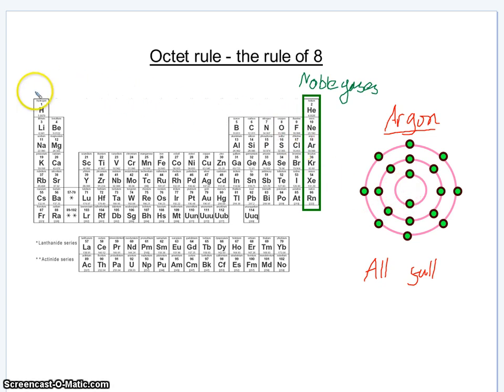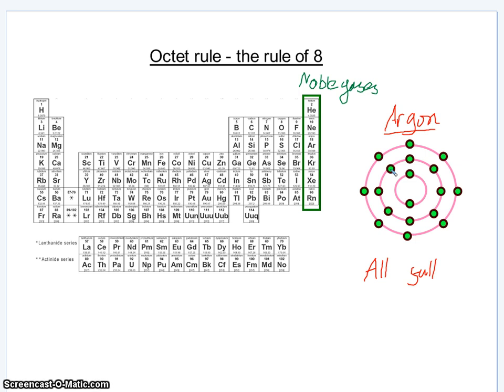Now all of these other elements, all these other atoms here, are missing some electrons. And that makes them react with each other. So they react with each other to try and fill up their electron shells. And they can do that in several ways. They can steal electrons from each other, they can give electrons away, or sometimes they share electrons.